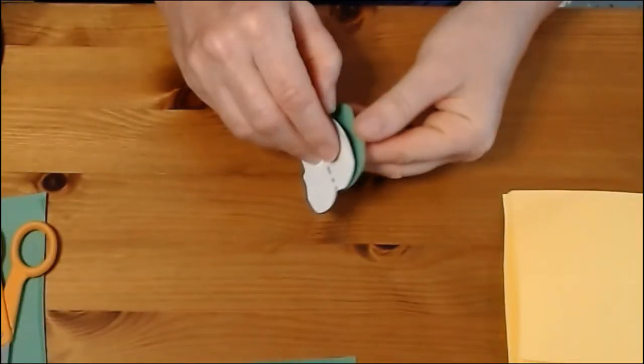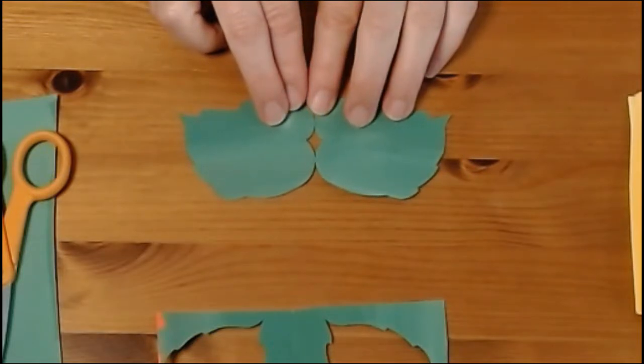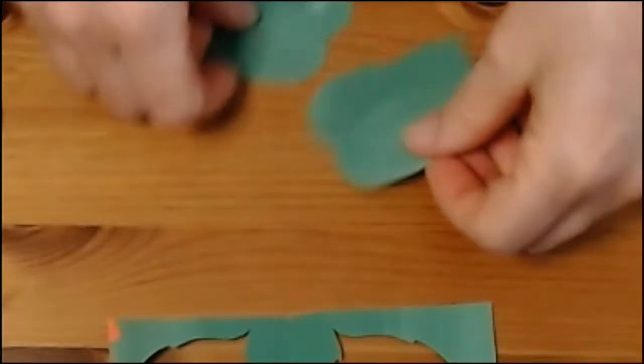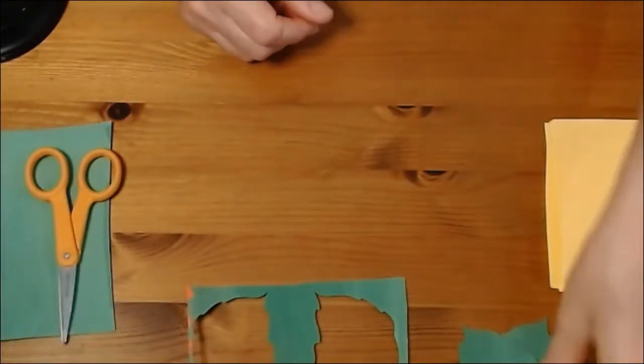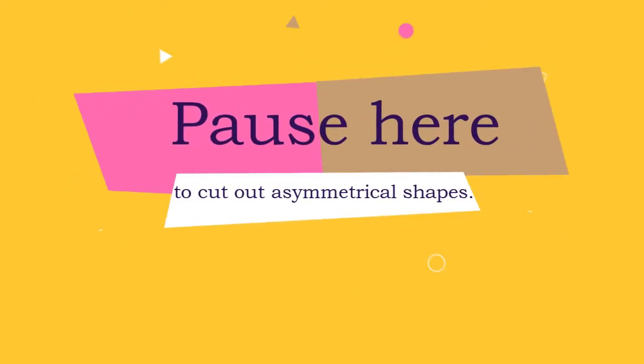And if I arrange them directly across from each other, thinking about that line of symmetry, they become symmetrical. But if you're looking at just one, it is an asymmetrical shape. Let's save these two asymmetrical leaves. Pause here to cut out asymmetrical shapes.